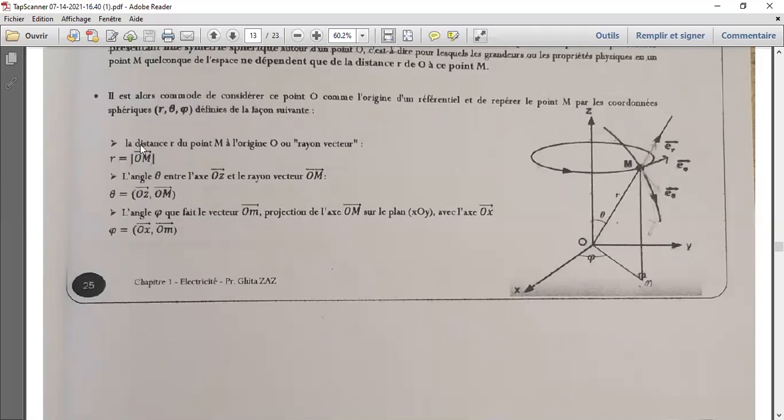Just imagine you have this point M. I'm not a geographer, so I may be misplacing the words. In geography, there's the equatorial plane and the meridian. The equatorial plane is represented by this small circle up here.